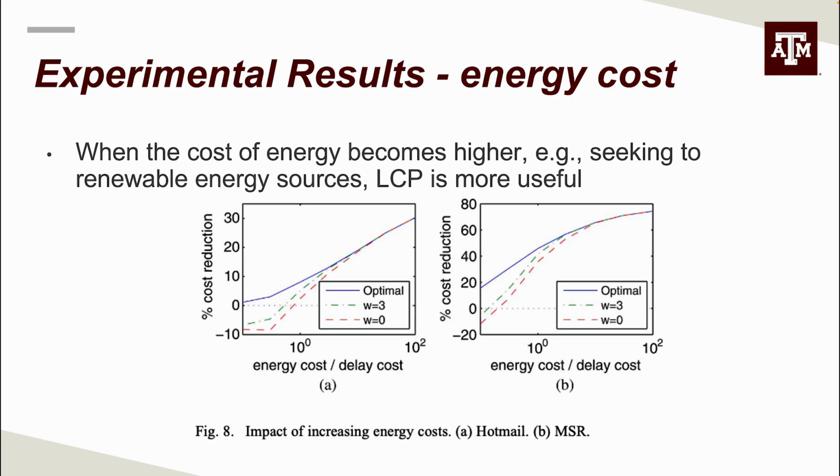We also test higher energy costs. This could come from relying more on renewable resources, since they are more expensive. As the energy cost rises, LCP becomes even more valuable because it conserves power better than static strategies.